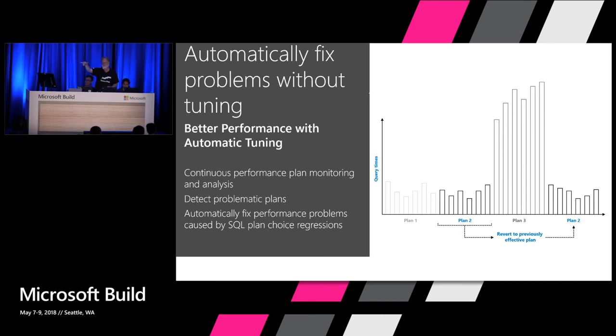So you can correct it by running this piece of script. Once you gain confidence in that, you can turn on a switch that says, automatically force the last known good plan. So if there's a plan change that got worse, find the last plan that was good and force that to be the plan that's used.